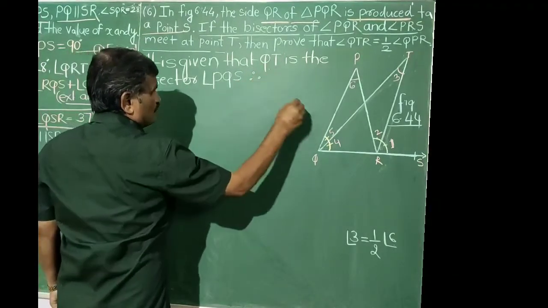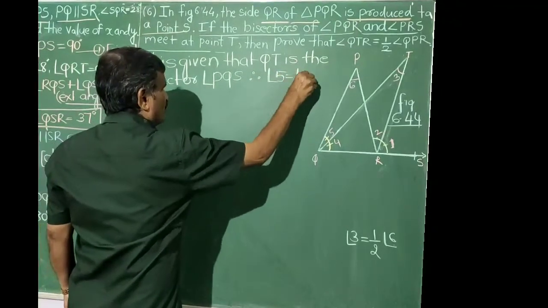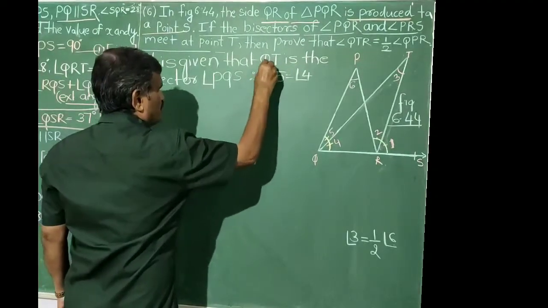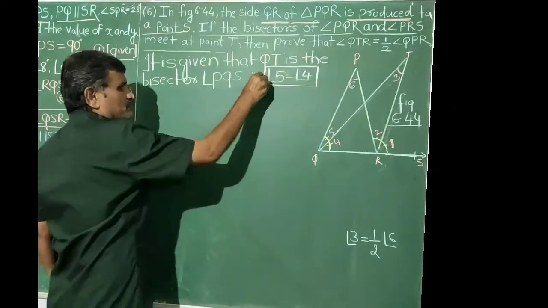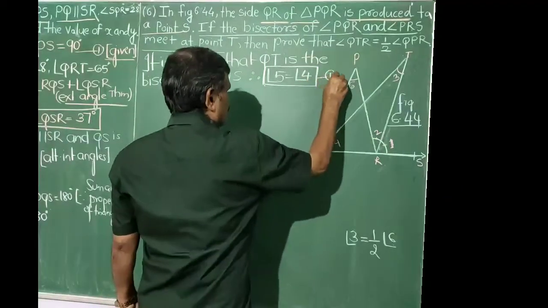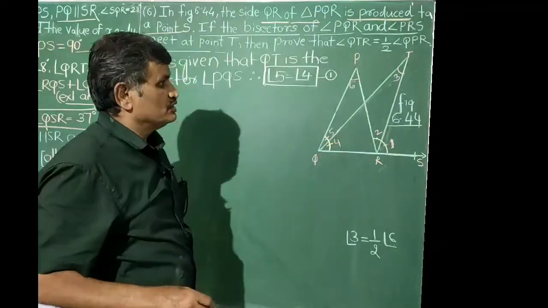Therefore angle 5 equal to angle 4. I hope you will not have any problems if I write like this, because bisector means it divides into equal parts. So I will call it the first equation. See, this angle equal to this angle.